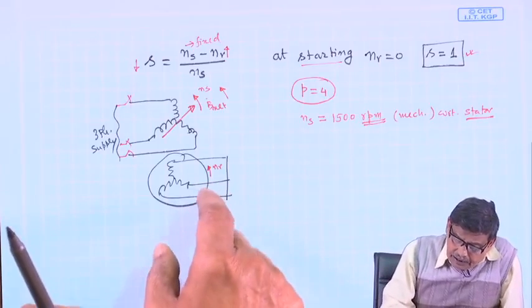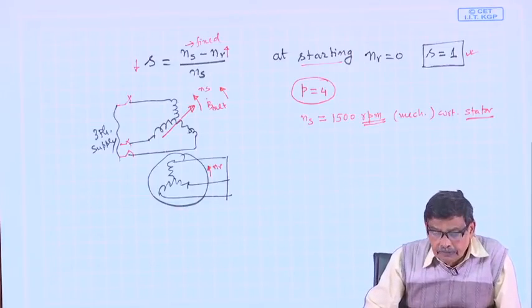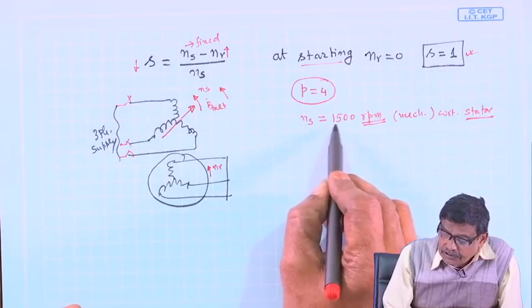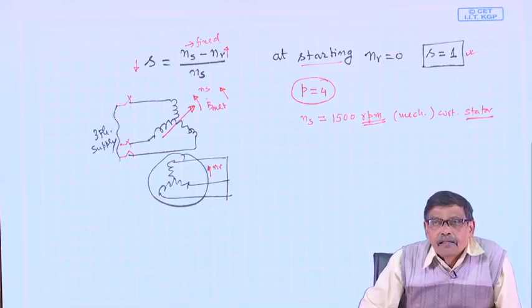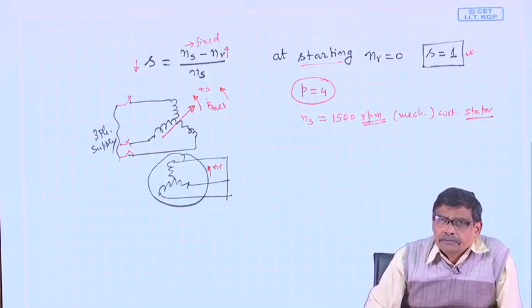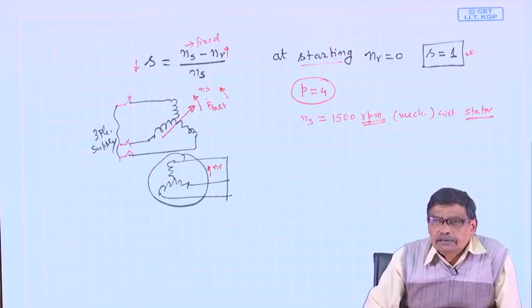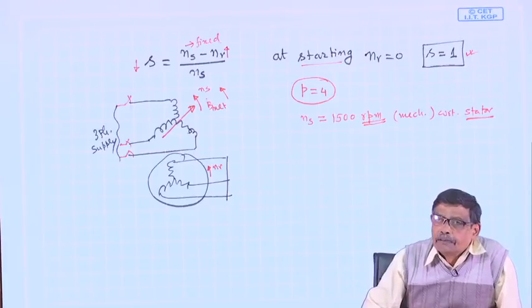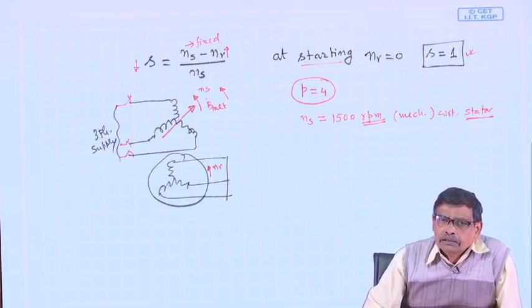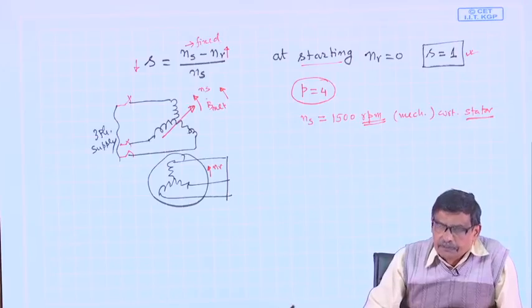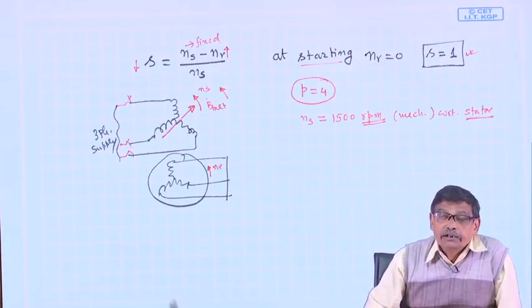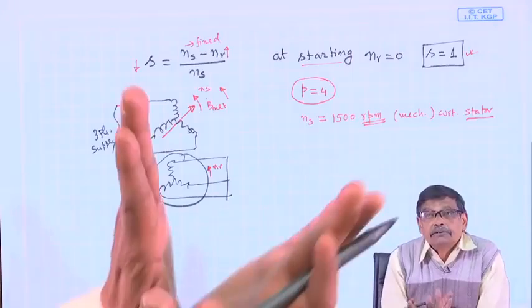Now, as the rotor picks up speed, a time will come when rotor speed approaches this 1500 rpm, and if rotor speed is still below 1500 rpm, but close to 1500 rpm, does not matter, so long as there is a relative velocity, there will be induced voltage and induced current, and the moment there is induced current, there is Br and B net to give you torque.